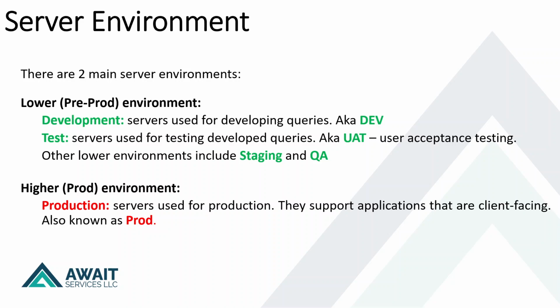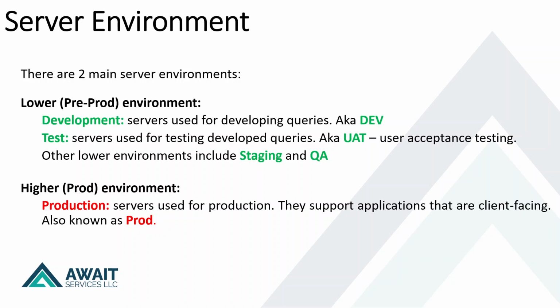For the prod environment, it is just production servers generally, but for the pre-prod there are varieties. We call some servers development servers, or dev servers. They are basically servers that are used for developing queries. So if you want to write some queries, you write them on the development servers to test, because you're coming up with an idea. We also have test servers.